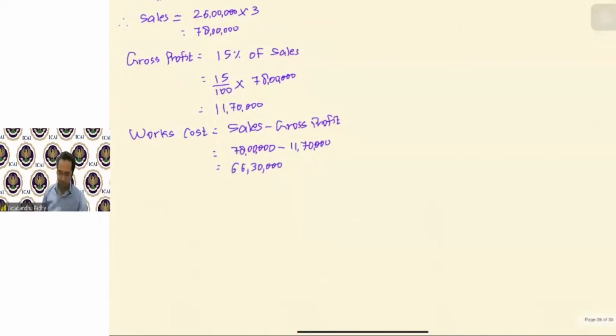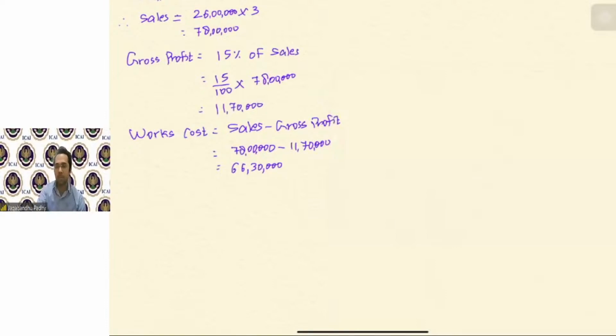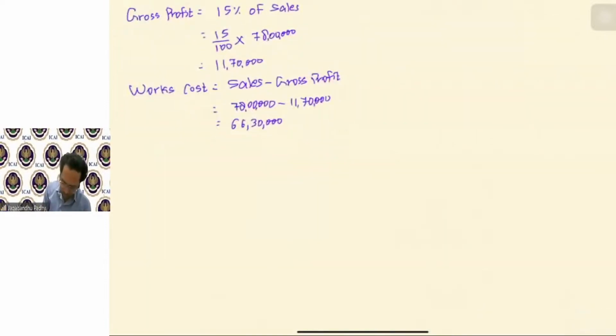Then the question has also given us the net profit figure to be 8%. So if your net profit is 8%, in the P&L statement we will find that there would be some selling and distribution and other such expenses, admin and selling and distribution expense. So let us compute the net profit also.